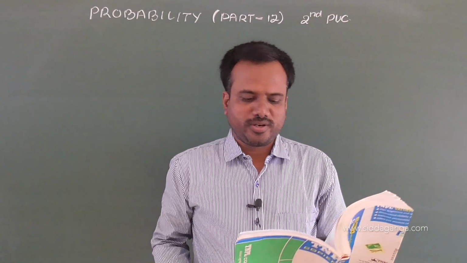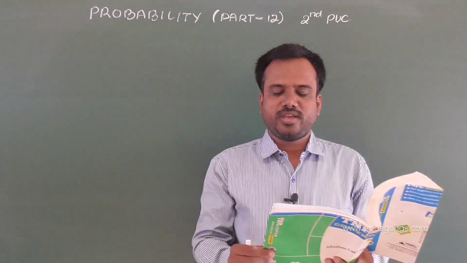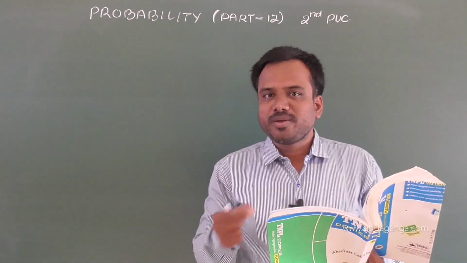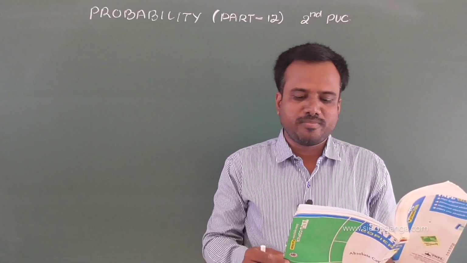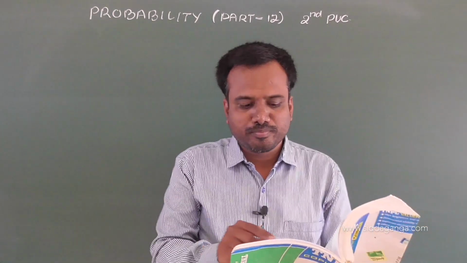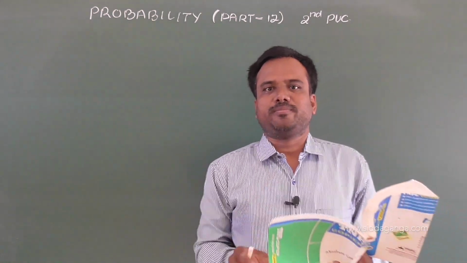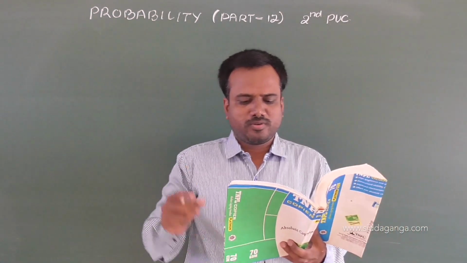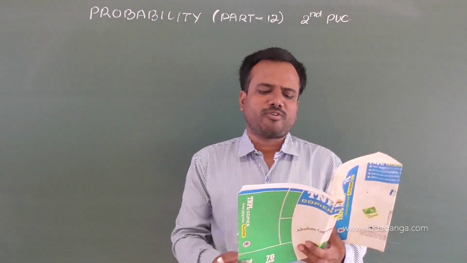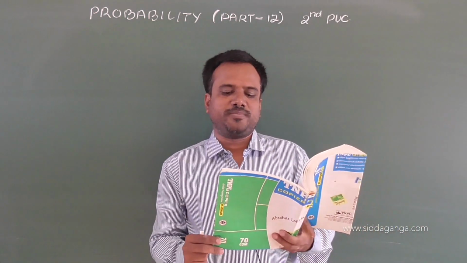A manufacturer has 3 machine operators A, B and C. The first operator A produces 1% defective items, whereas the other 2 operators B and C produce 5% and 7% defective items respectively.